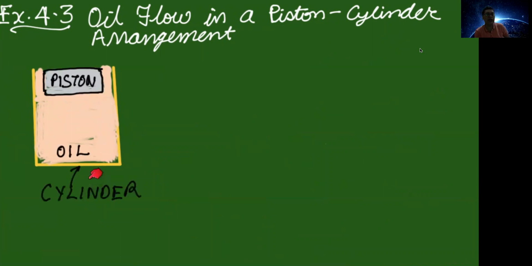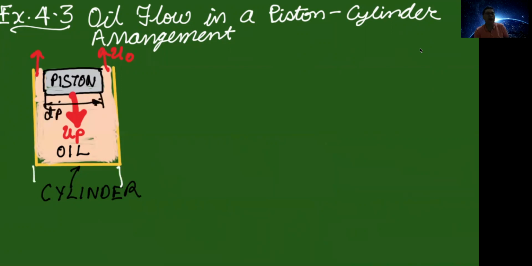We'll consider a situation where this piston is moving vertically downward, and when the piston moves downward, the oil will move upward as shown here. So the piston is moving downward with a certain velocity, and this leads to the oil moving upward with a velocity of u0.